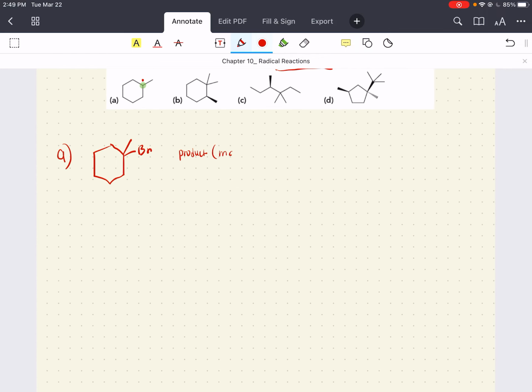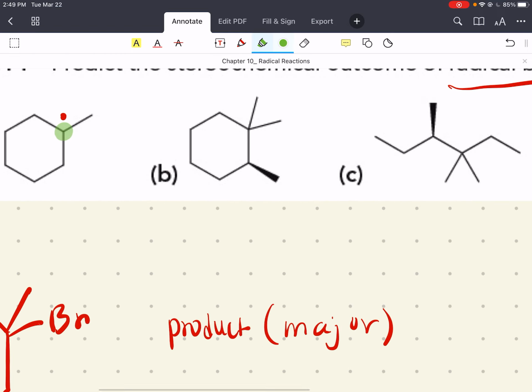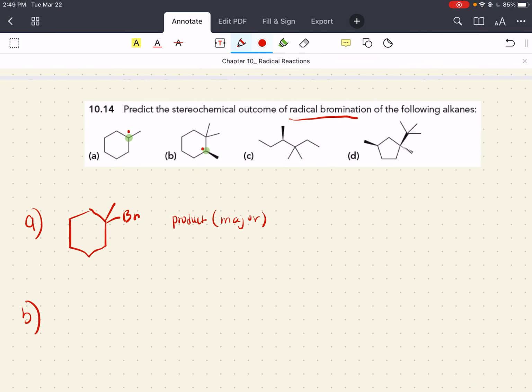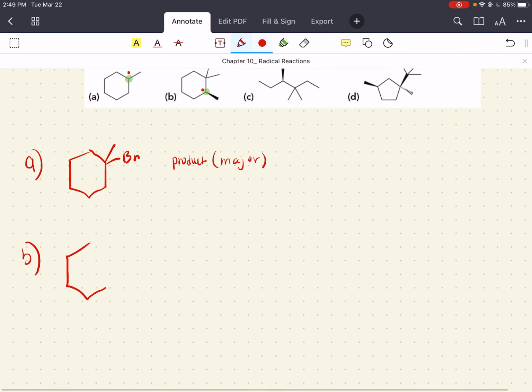Our major product. Now, if we look at B, all right, the place where we could do hydrogen abstraction and get the most stable radical is right here. If we do a hydrogen abstraction, we'd get a tertiary radical. All right. Now, if we add our bromine here, we're forming a new chiral center.